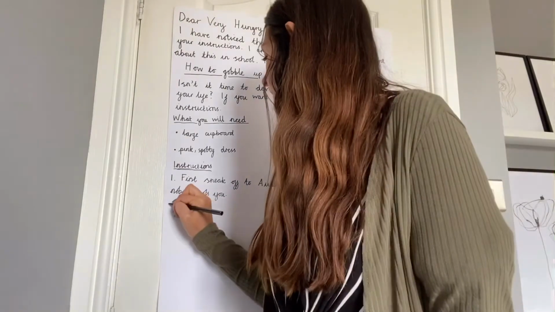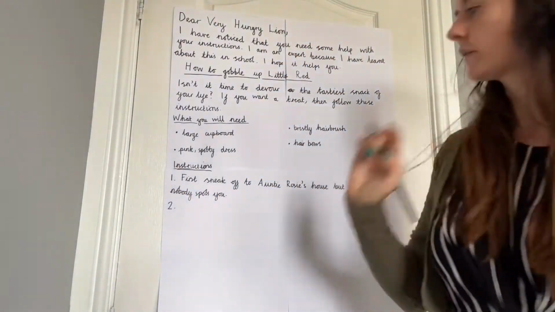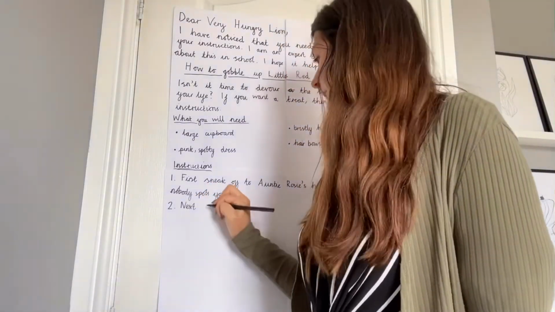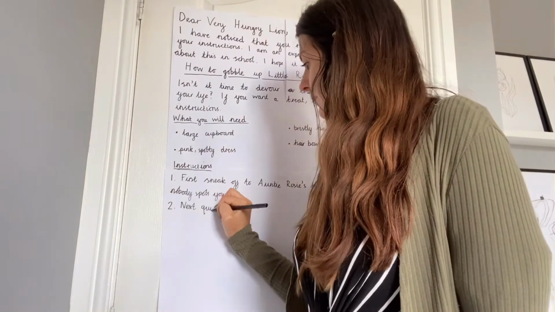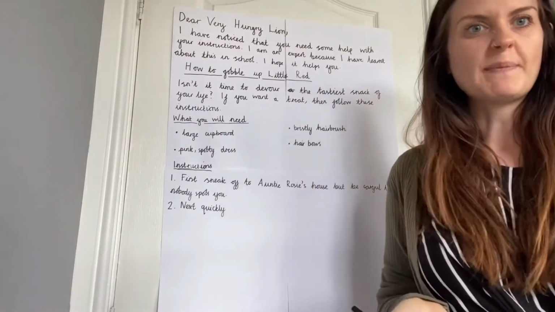Okay, number 2. The next thing that the lion needs to do, I'm going to use the word next. And I'm going to use an adverb this time because he's going to put Auntie Rosie in the cupboard and he needs to do that quickly because she might escape if he doesn't.